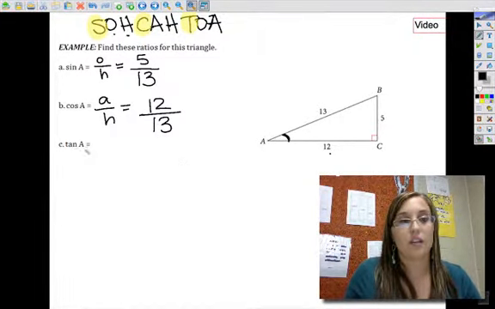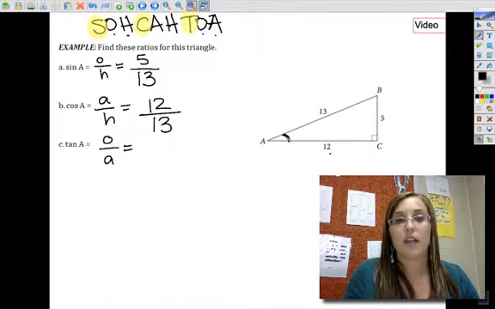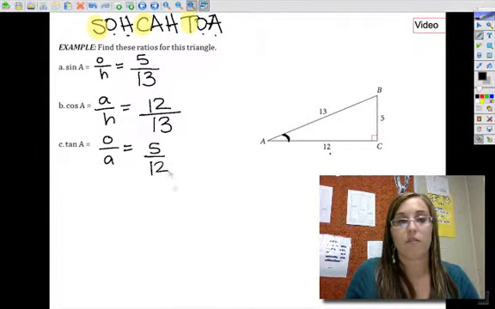Now the tangent of angle A is going to be the TOA, the opposite over the adjacent. If I look at angle A, my opposite is 5, my adjacent is 12.